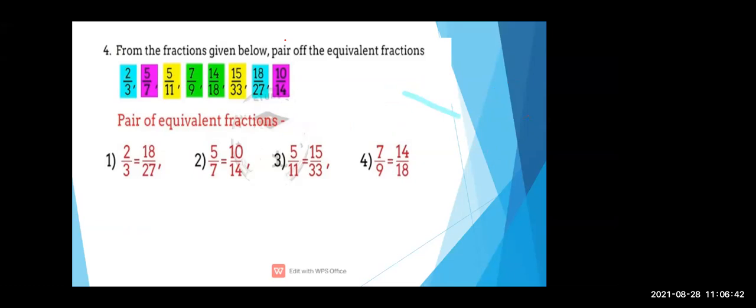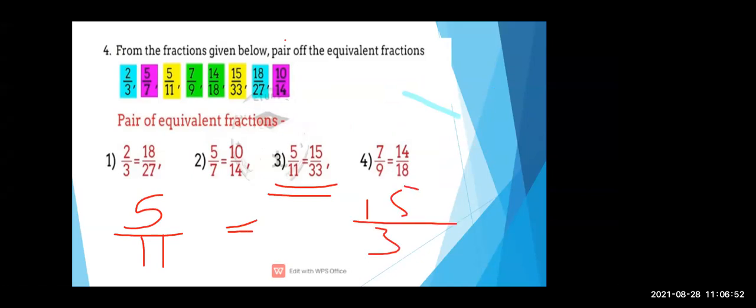5 upon 11 का pair मैंने क्या निकाला है? 15 upon 33. But how it came? See, 5 upon 11 equal to 15 upon 33. Now in 11 table, 11 3s is 33 and 5 3s is 15. So we got the pair, that is 5 upon 11 and 15 upon 33.